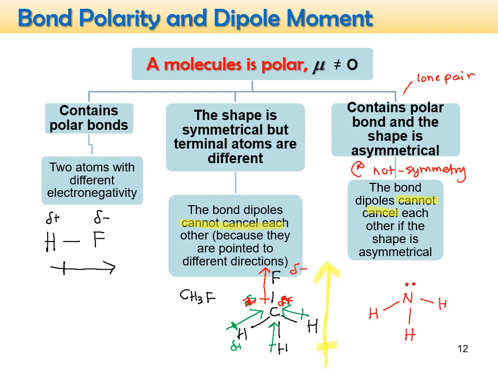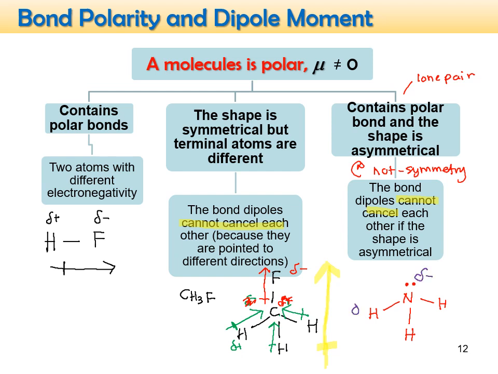You have one lone pair here and three bonding pairs. For this case, if you want to represent or show the dipole moment, where there is a lone pair it means it is the most negative.